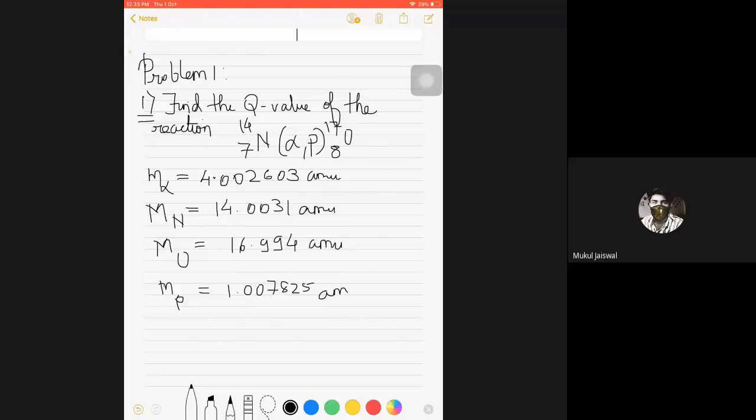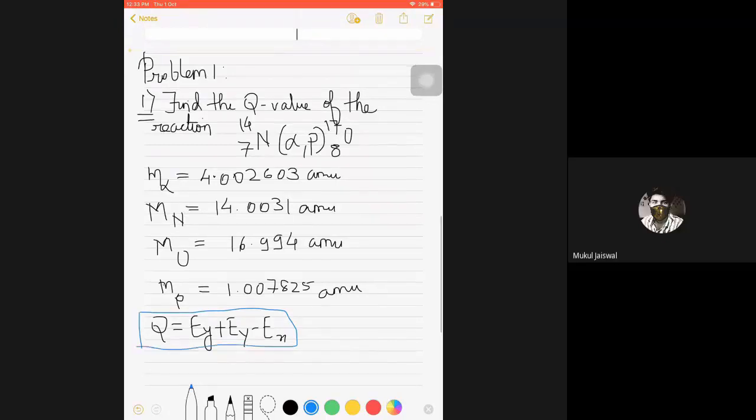Now, for the Q value there are two formulas. One, which we know, is Q equal to Ey plus capital Ey minus Ex. This formula has to be used only if we know the kinetic energies of the particles. Since we don't know the kinetic energy of these particles, we cannot use this formula here.